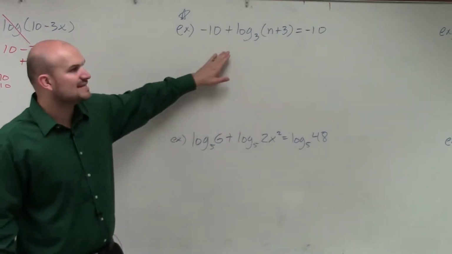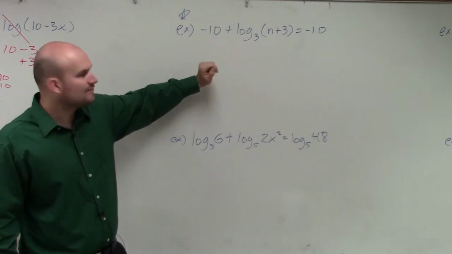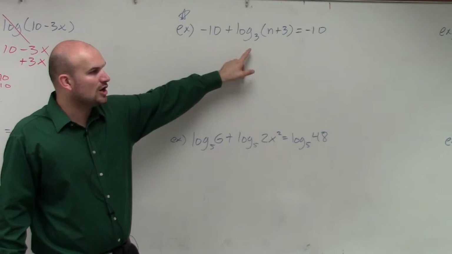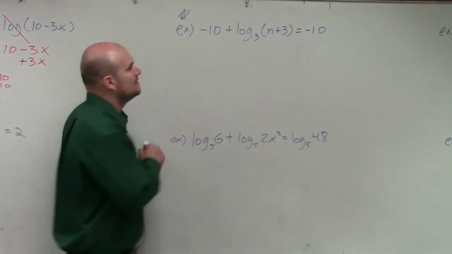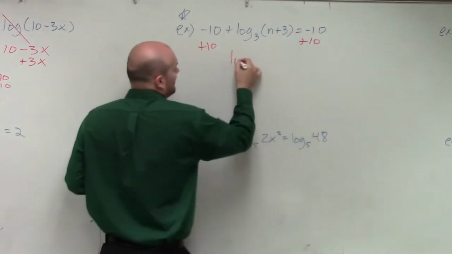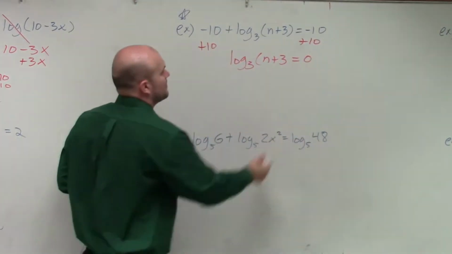But I can't convert this to exponential form until it's written in logarithmic form. I can't write in logarithmic form until my logarithm is isolated. So the first thing I need to do is add 10 to both sides. Then I have log base 3 of n plus 3 is equal to 0.